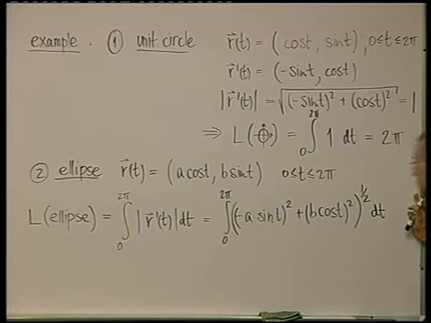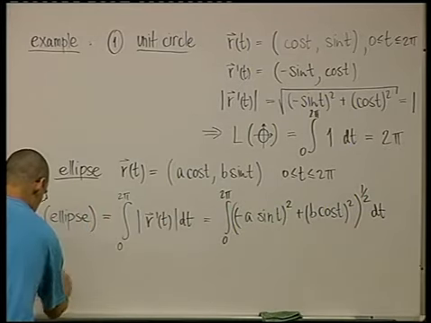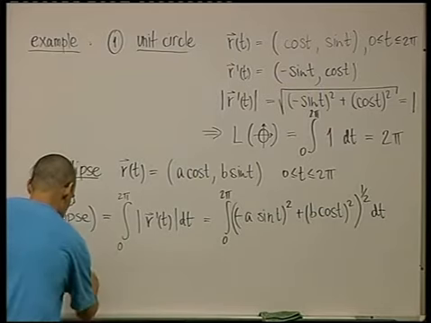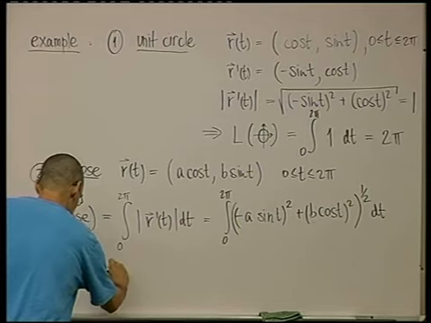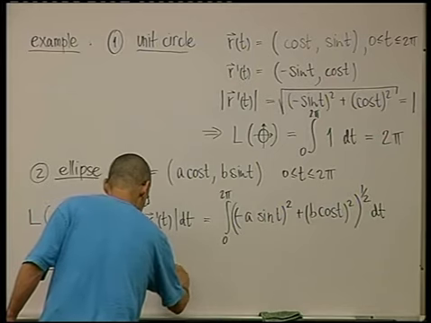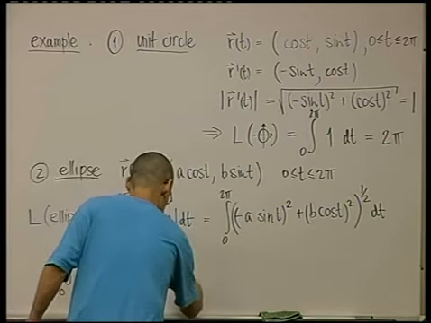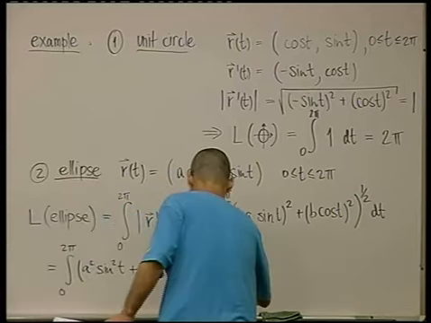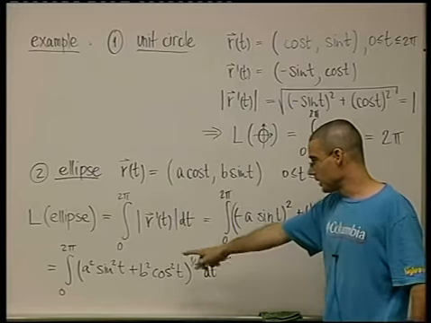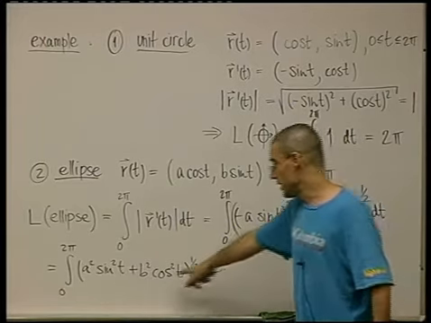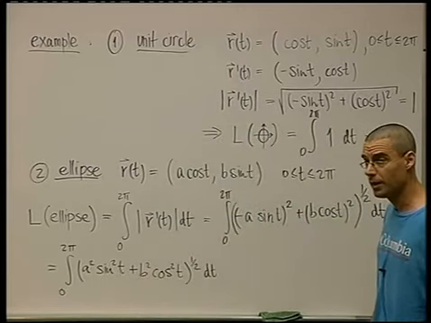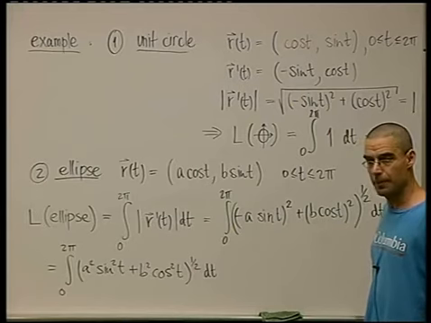Okay. So let's see what we get here. Integral from 0 to 2 pi of a squared sine squared plus b squared cosine squared, root to the power 1/2. So how do you solve something like this? You can't just say sine squared plus cosine squared is 1, because there's the a and the b stuck here, and if they're not equal, then you can't just do it that way.